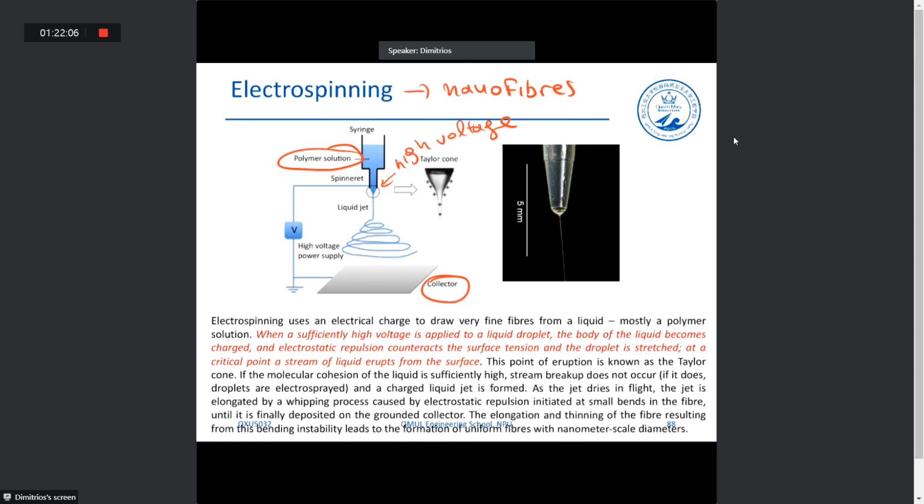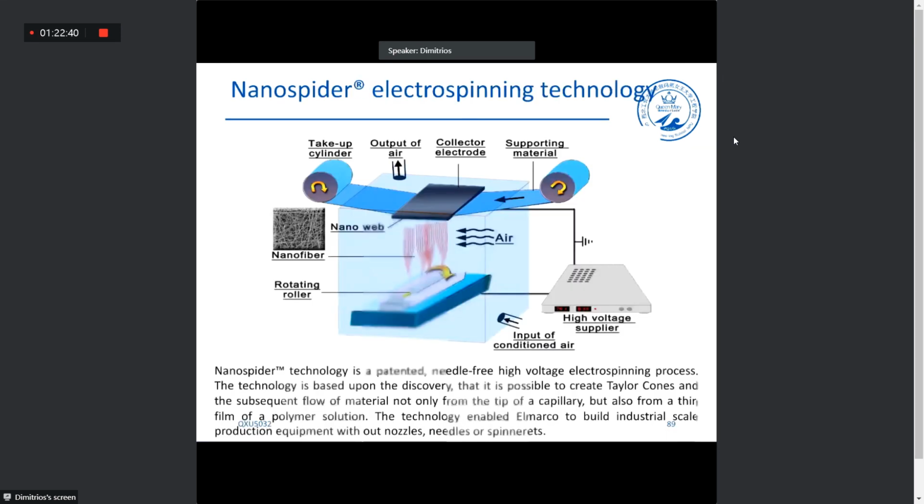I don't want you to remember the process for electrospinning. It's not something I will ask you for exams, okay? And electrospinning for the creation of nanofibers has produced a number of very interesting results, and that is why people have looked into essentially expanding this process from this simple one where it produces only one fiber to this one, what is called Nanospider Electrospinning, where essentially we have multiple fibers that are essentially coming out from different regions of a setup, essentially.